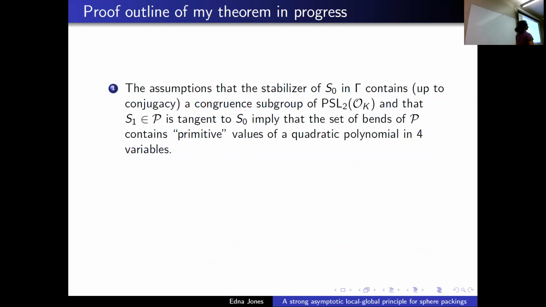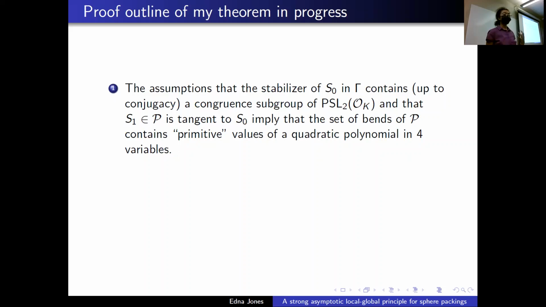The assumptions that the stabilizer of S0 in the Vienna group contains the congruence subgroup of PSL2 of O_K, and that S1, a sphere in our packing, is tangent to S0, imply that the set of bends contains primitive values of a quadratic polynomial in 4 variables.